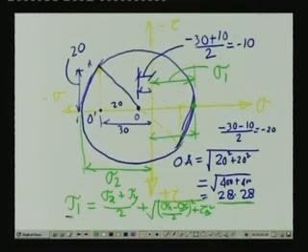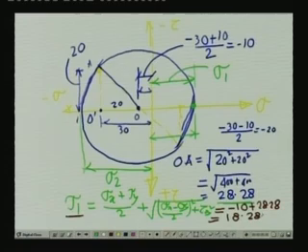So, the value of sigma 1 is equal to sigma x plus sigma y by 2, which is minus 10, plus 28.28. So, this is equal to minus 10 plus 28.28, so the stress is equal to 18.28 MPa. This is the maximum principal stress.